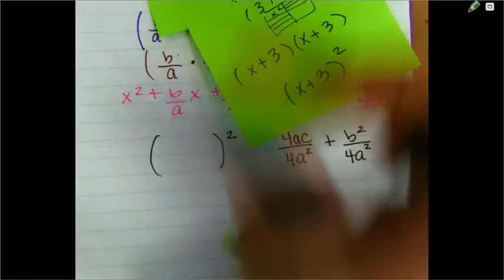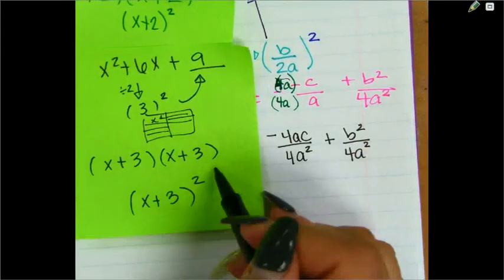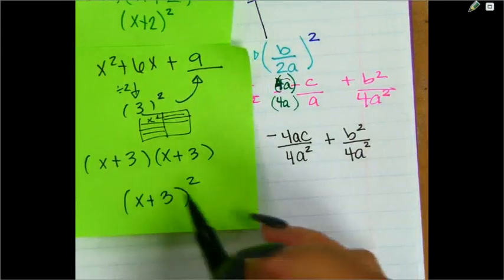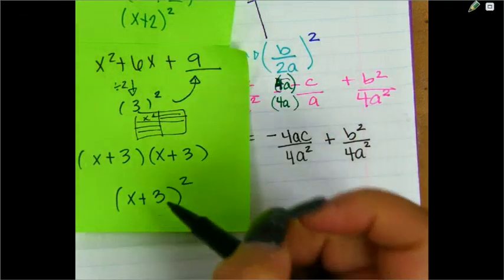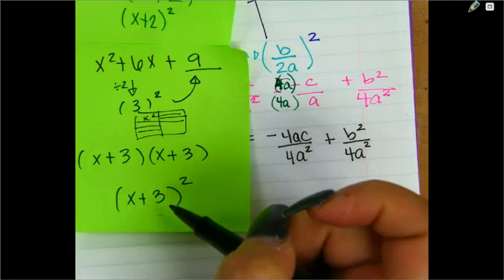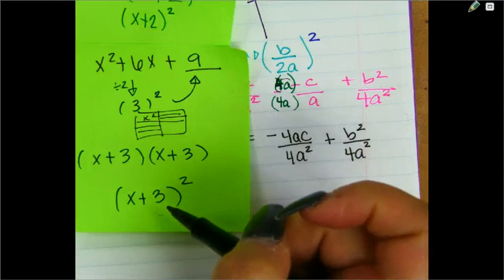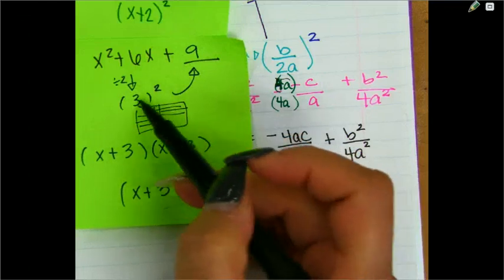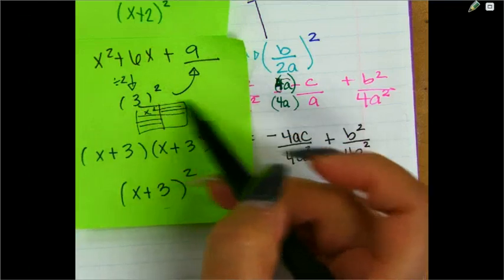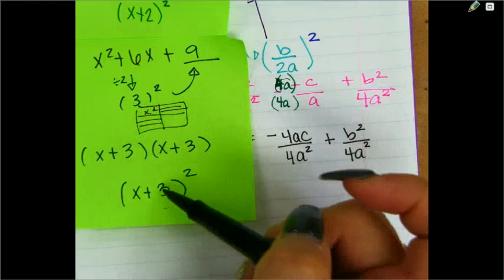And you told me here that it was x plus 3, which is x plus 3 squared. And this looks very similar to something up here, correct? Where does this 3 come from? 6 divided by 2, which was 3. Remember? Because now that's a length of 3 and a length of 3, which is now x plus 3.